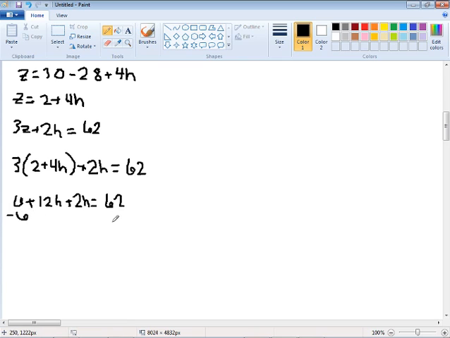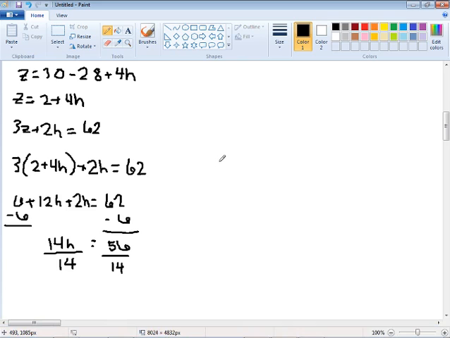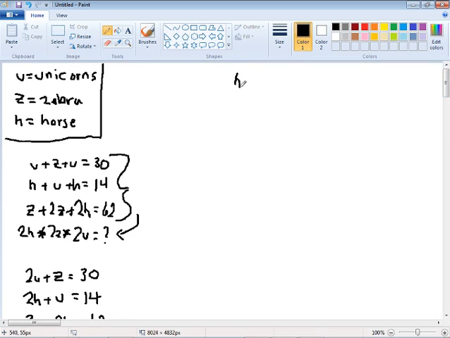Subtract 6 from both sides. Add my 2H's together: 12 plus 2 is 14. So this becomes 14H is equal to 56. If I divide both sides by 14, I'm going to come out with 4. All right, so I can go back up here and say H is equal to 4.